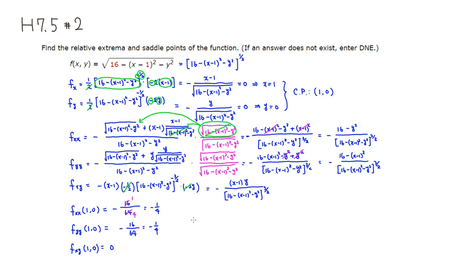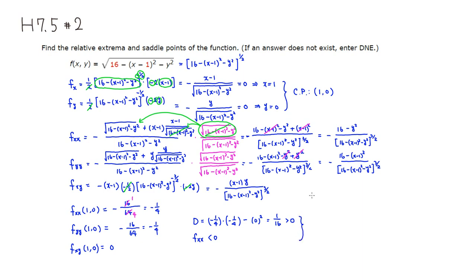If you find the quantity D, the second partial with respect to x is negative 1/4, times the second partial with respect to y, negative 1/4, minus the mixed partial, which is 0, squared, so D is positive 1/16. All we need to know is that it's positive, and that the second partial is negative.